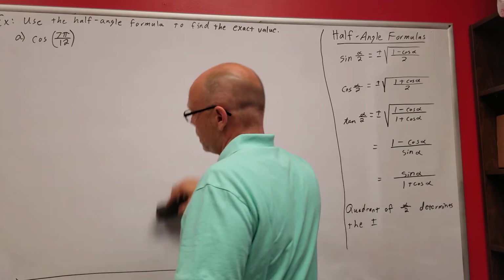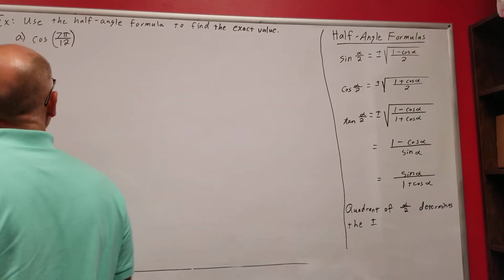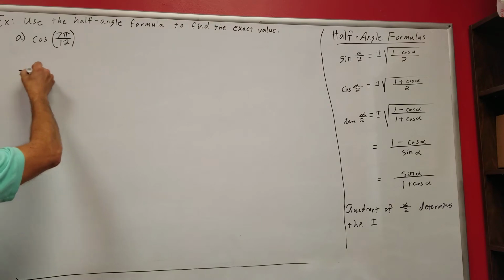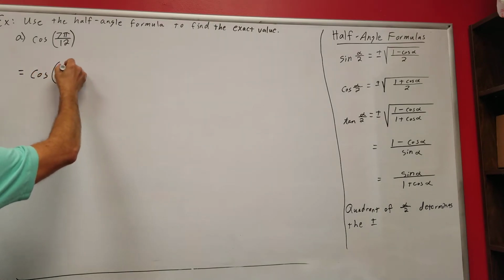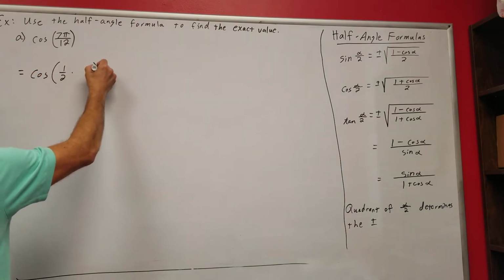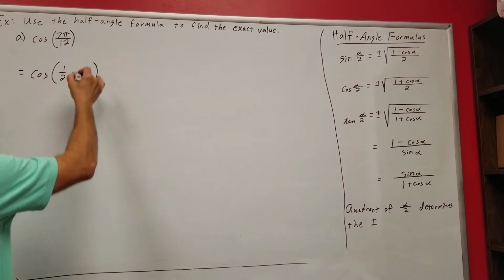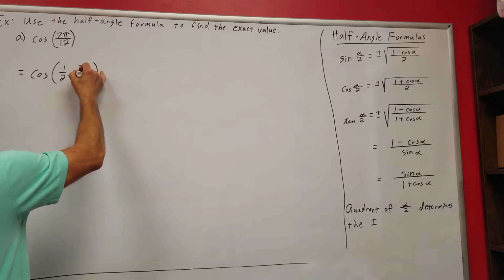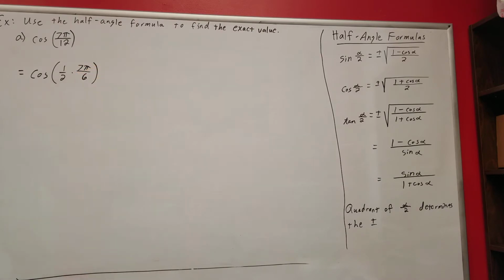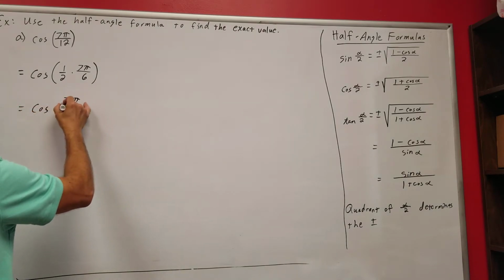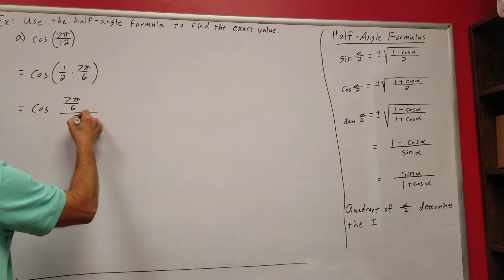This example says, use the half angle formula to find the exact value of the cosine of 7 pi over 12. All right, if I'm using a half angle formula, 1/2 of something gives me that 7 pi over 12. 1/2 of what? 7 pi over 6 will give me that, right? Another way to write this is the cosine of 7 pi over 6 all over 2.